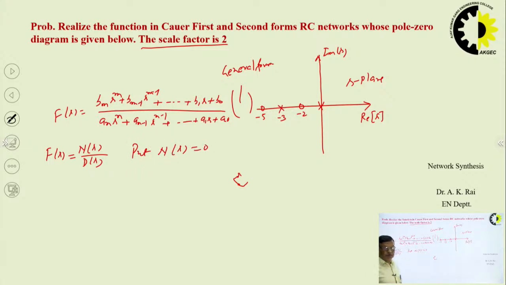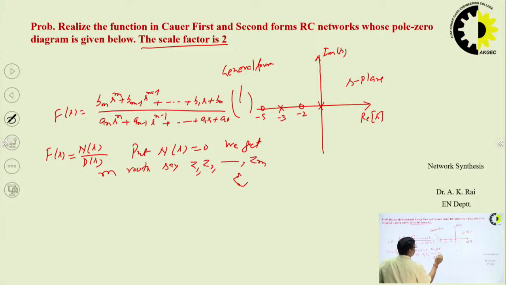The numerator polynomial in S, put equal to 0, it becomes an equation, and we can get the m roots, say Z1, Z2, up to Zm.